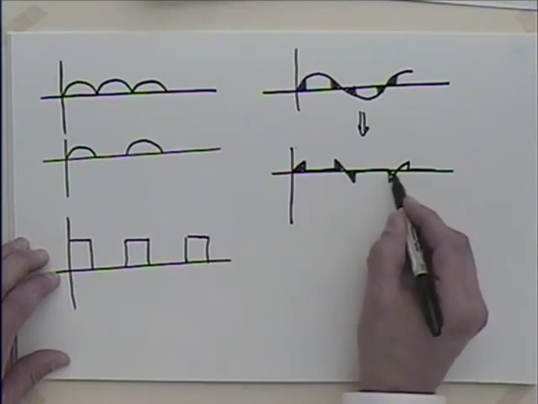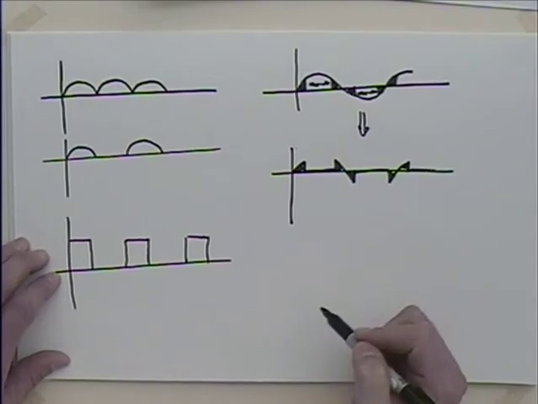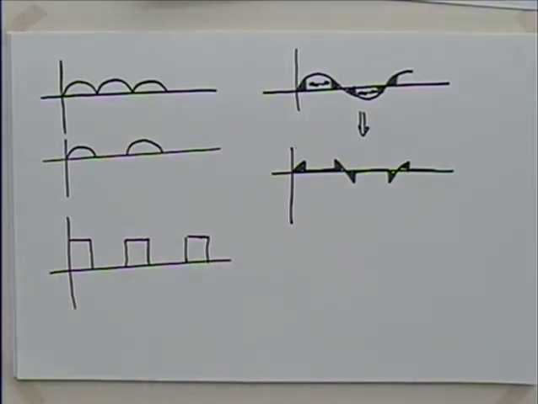And when you change the dimmer knob, you can get these closer together or further apart. Sometimes they talk about duty cycle on something like that.